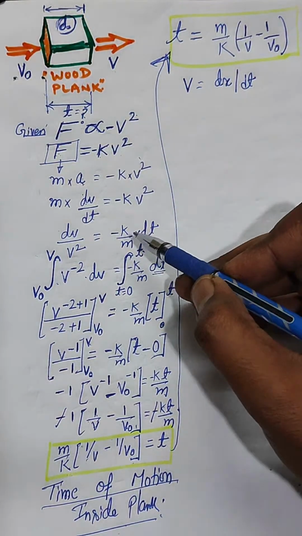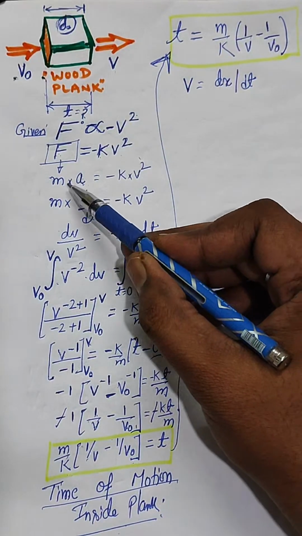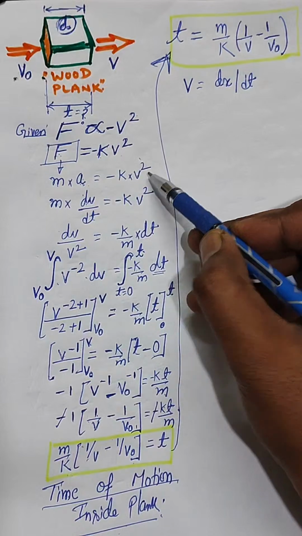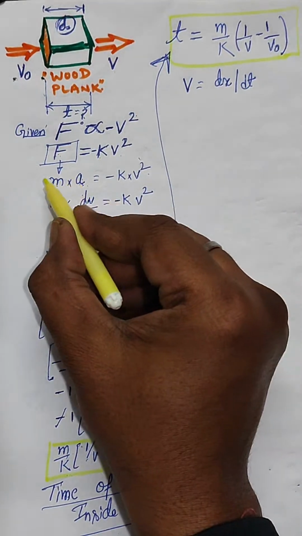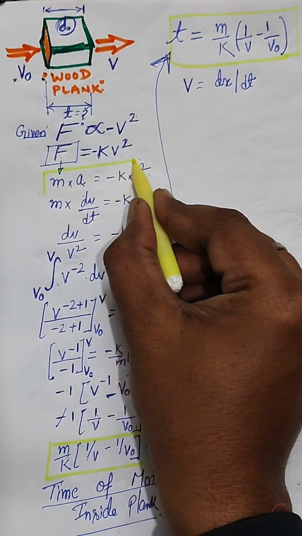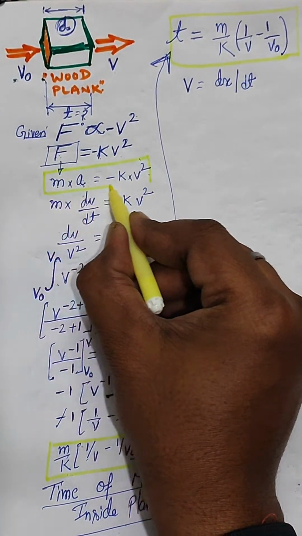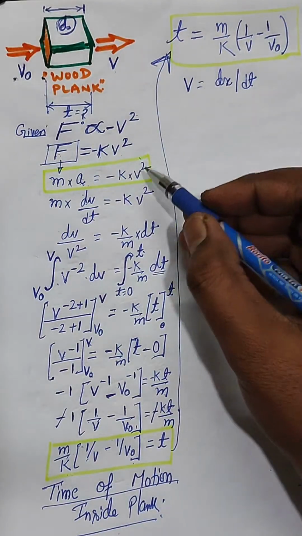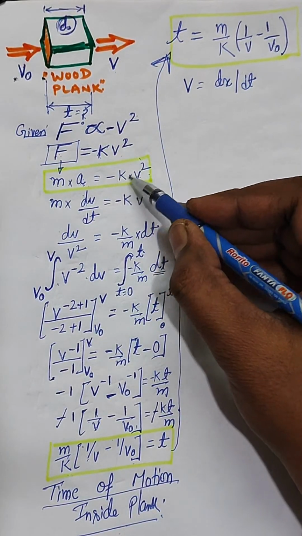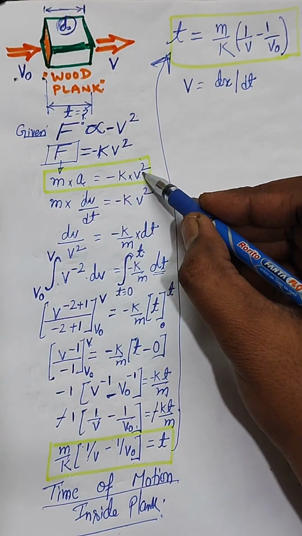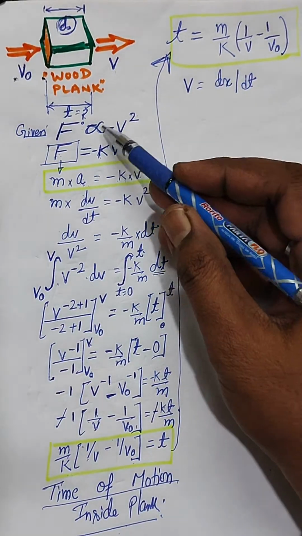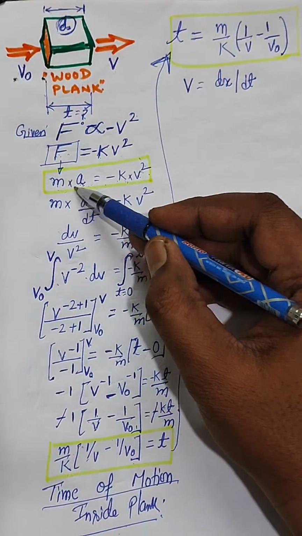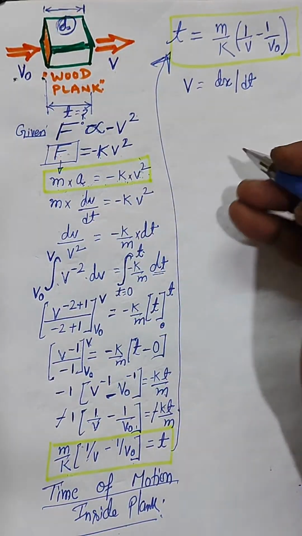so from the initial relation, you can see m into a is equal to minus kv square. This we have obtained by equating the force to the resisting force relation, minus kv square. The resistance offered by the bullet is proportional to v square, so minus kv square was there, k was the proportionality constant, and F was equal to ma. So we use this relation, ma equal to minus kv square, right?